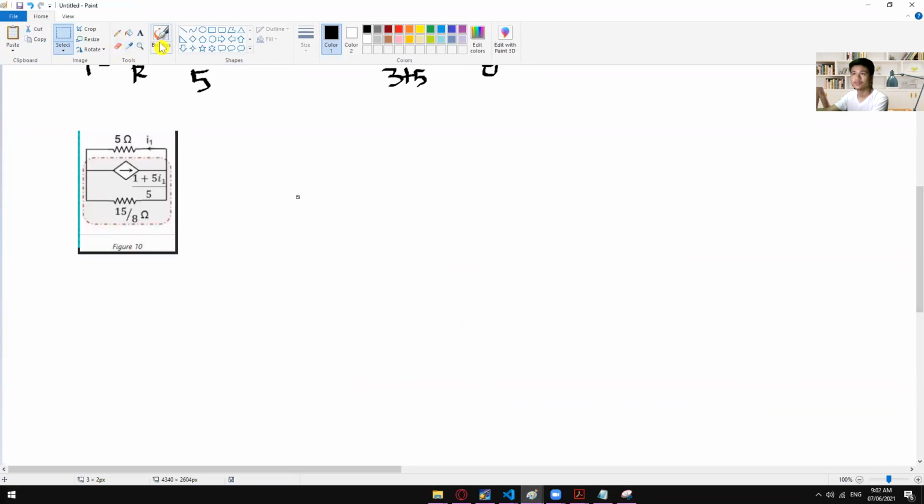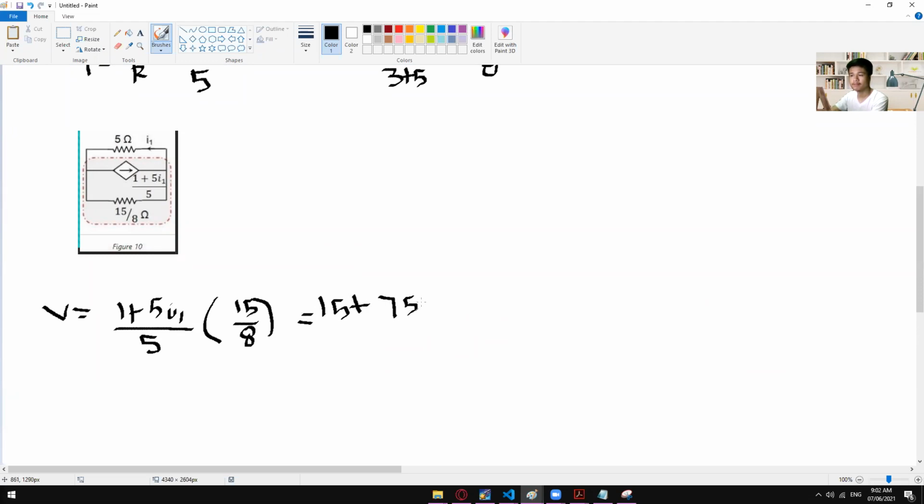Okay, so what we need right here is voltage. So the current right here is 1 plus 5i sub 1 divided by 5. And then multiplied by resistance, which is 15 divided by 8. So this will give us a result of 15 times 25 plus 75 I sub 1, divided by 40.